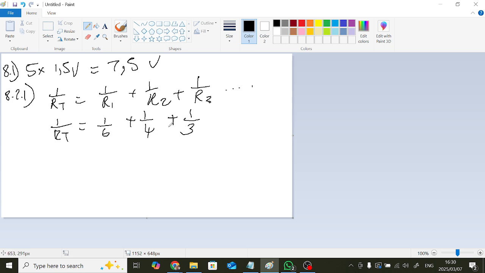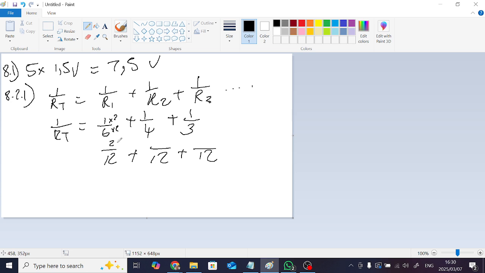Looking at it, I think the lowest common multiple is going to be 12. Yeah. Okay, so the lowest common multiple is 12. 6 goes into 12 two times, so we multiply the top and the bottom by 2.